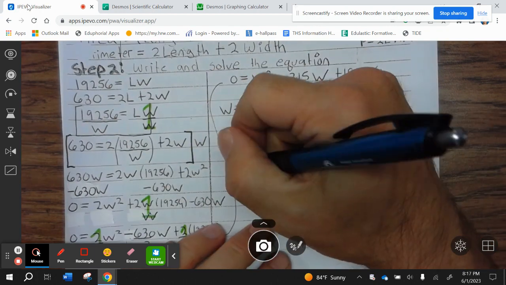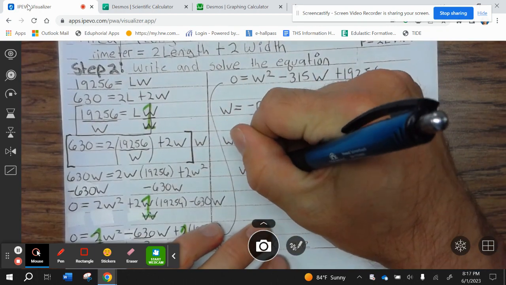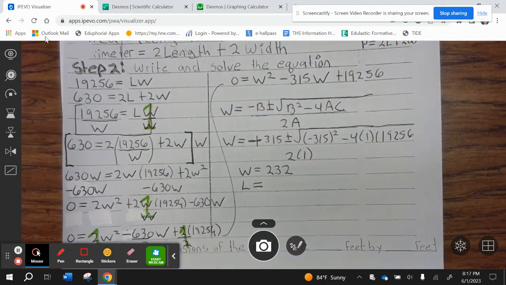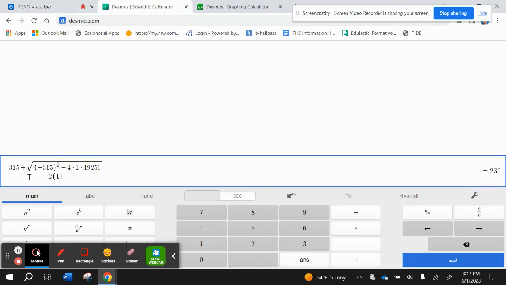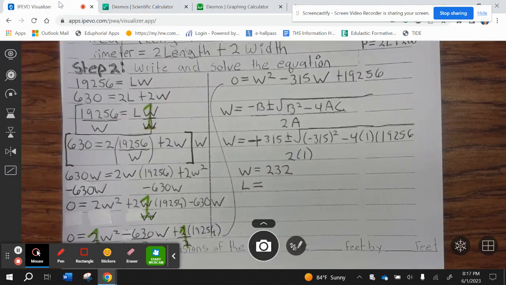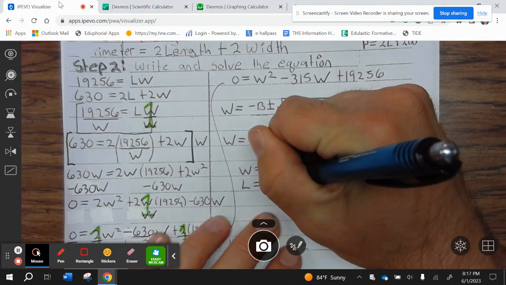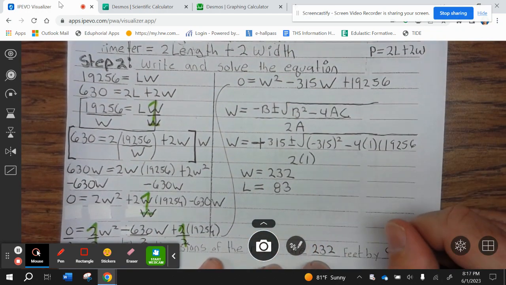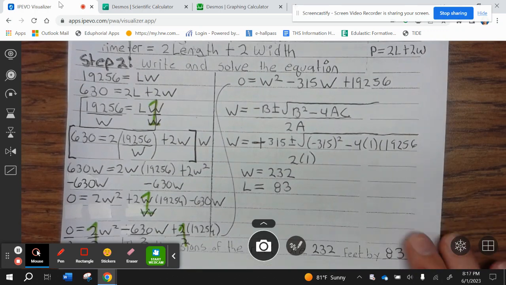So w equals 232. And then to find the length, we just change this plus to a minus and get 83. So the dimensions are 232 by 83 feet.